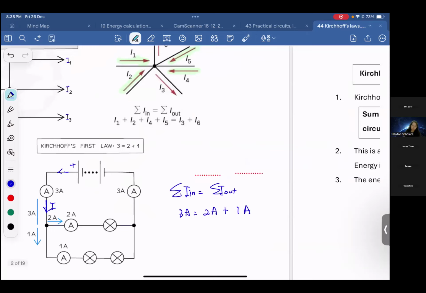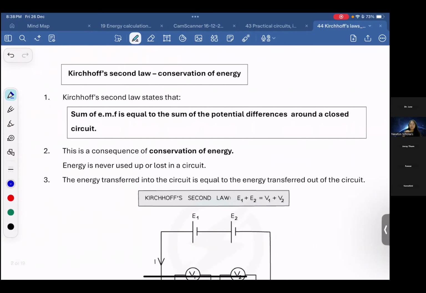So we go to page number 2. How about Kirchhoff's second law? Conservation of energy. Potential difference is energy divided by charge, right? We said that it is the energy transferred in driving one coulomb of charge.